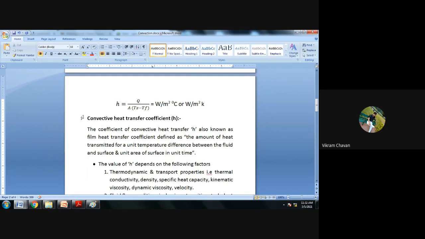The coefficient of convective heat transfer.